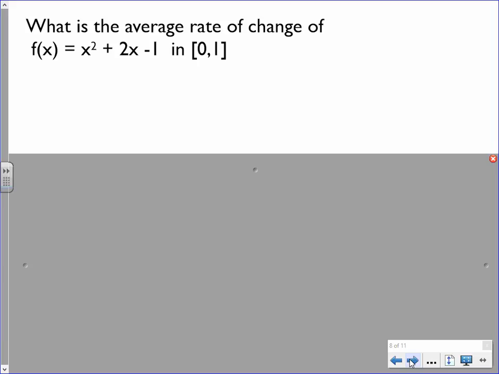Okay, so is this a continuous and differentiable function? It is, because it's a polynomial. So those are nice to think about.